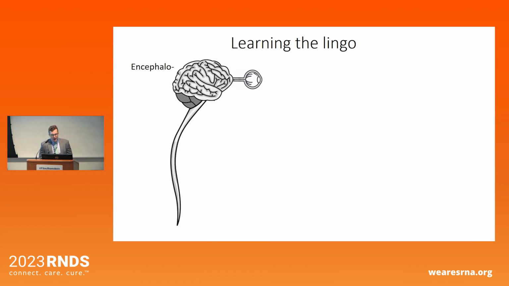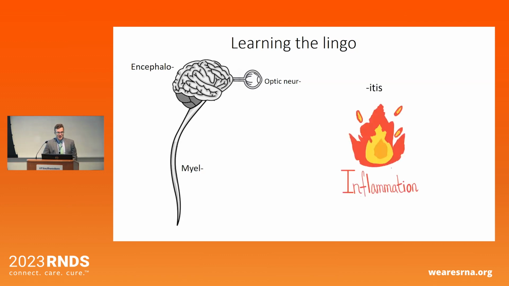So whenever we talk about the brain as an entity in medical terms, we tend to use the word encephalo. When we talk about the optic nerve, we'll see optic. And then myelopathy or myel, anytime we see that, usually refers to the spinal cord for today's talk. And then we will add itis to it. And itis is a general term for inflammation.